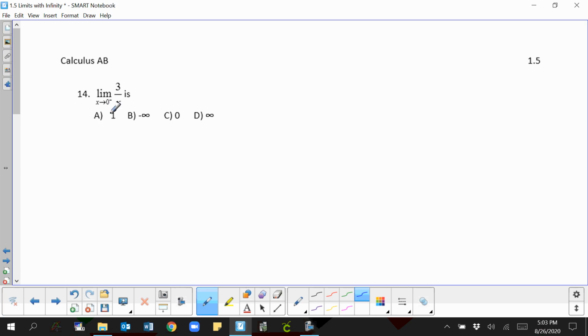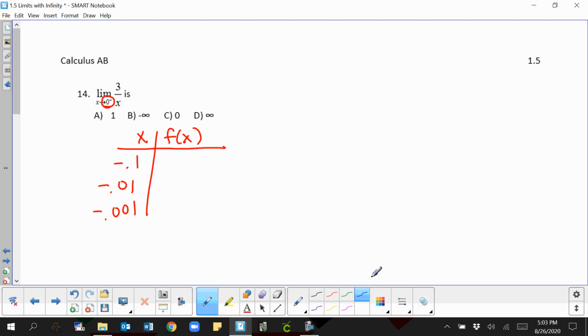For number 14, once again, we are not looking at the limit going to infinity. We're looking at x going to 0, this time from the negative side. So I'm going to create my table, x and f of x, and I'm going to use negative 0.1, negative 0.01, and negative 0.001.